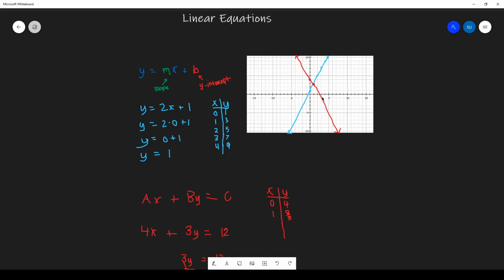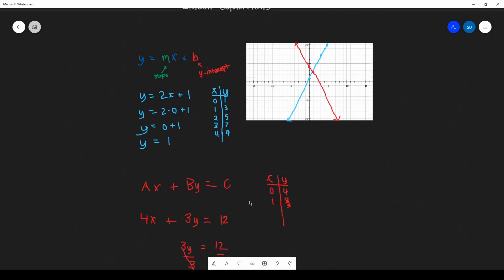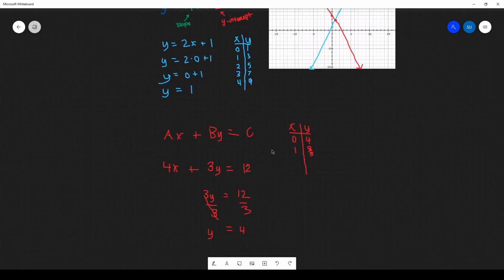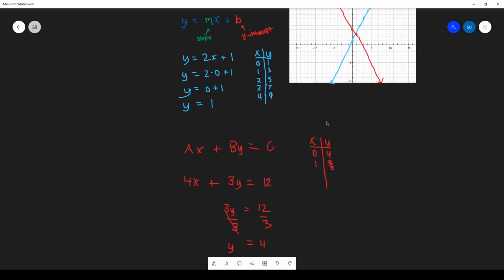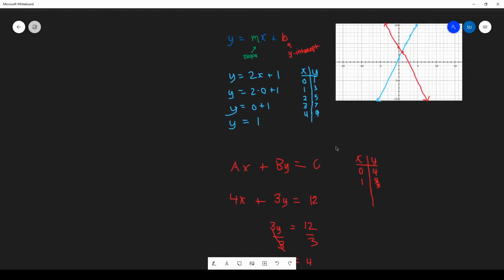When you have a positive slope, the line that you graph is going to increase from left to right. So yeah, this is basically the foundations of graphing linear equations and linear equations in general. So you have your slope-intercept form, you have your standard form, and you have your point-slope form, which I'll go on about in a later video.